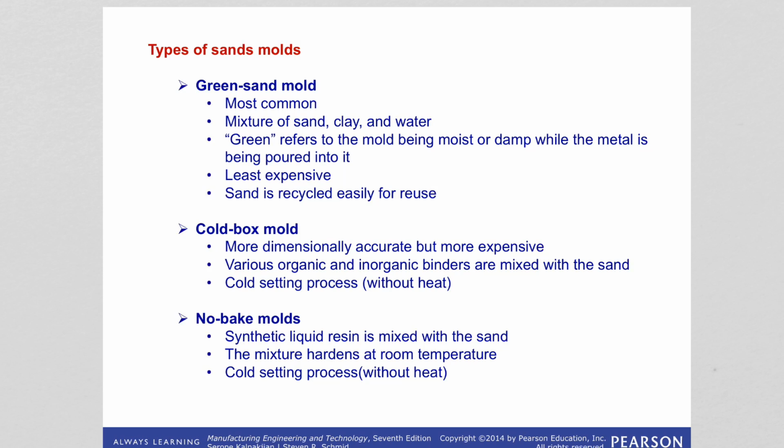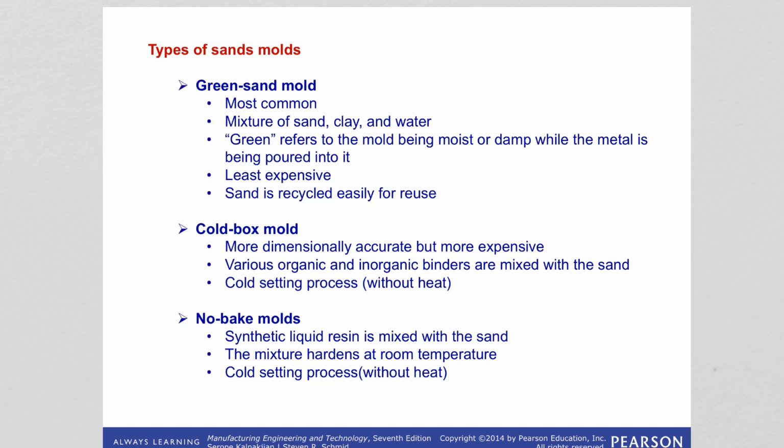The other cold setting process is no bake molds. Of course, the name also implies that. In the no bake mold process, a synthetic liquid resin is mixed with the sand, and it helps the mixture to harden at room temperature.